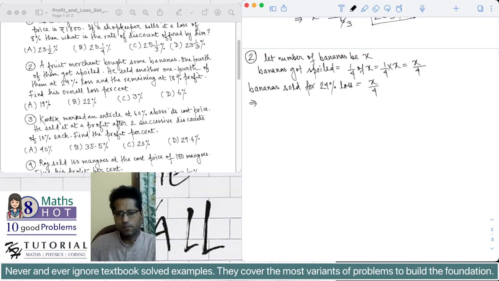So what is the remaining number of bananas?